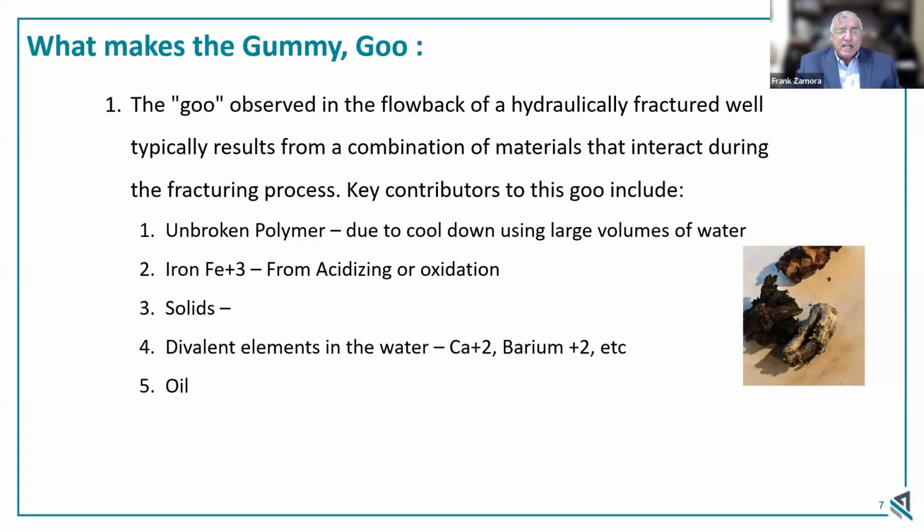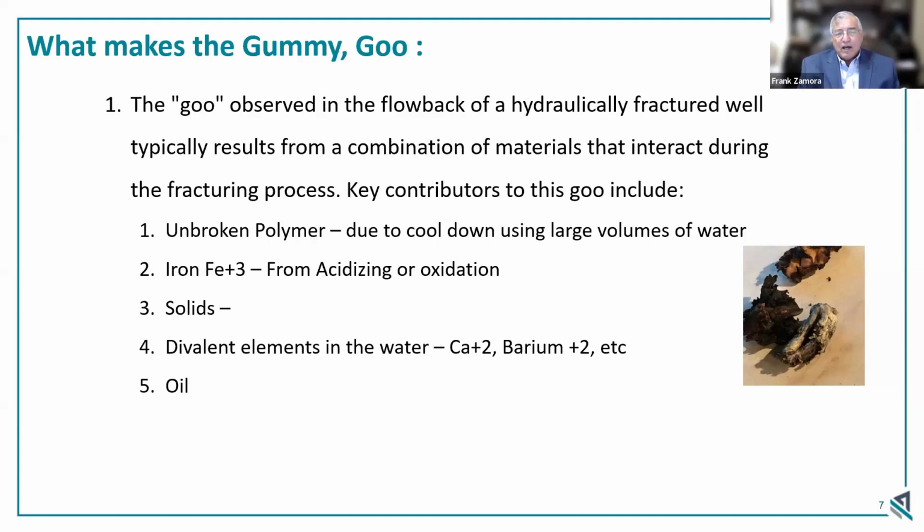So where does this Fe3 come from? It could come from a lot of places. First and foremost, if you have iron, Fe2, the ferrous iron that is actually in solution in the water, and we're pumping oxygenated water, it's quite possible that some of this may come in contact with the Fe2 to form Fe3.